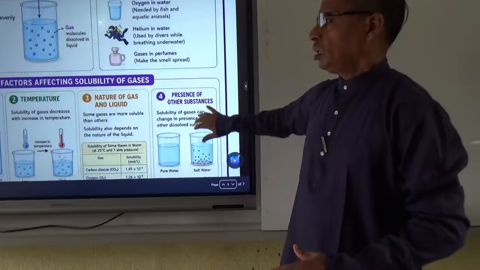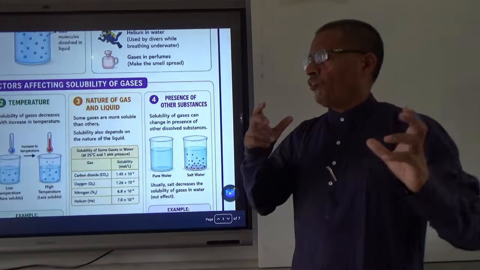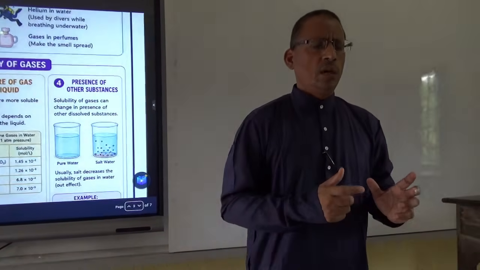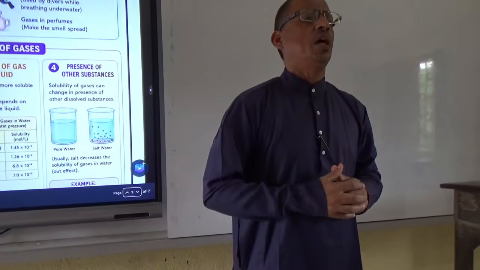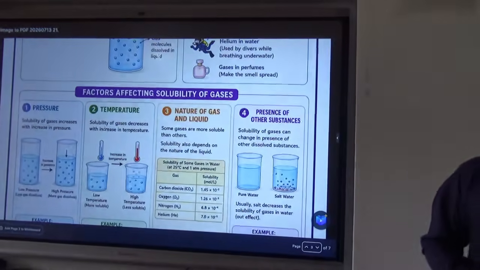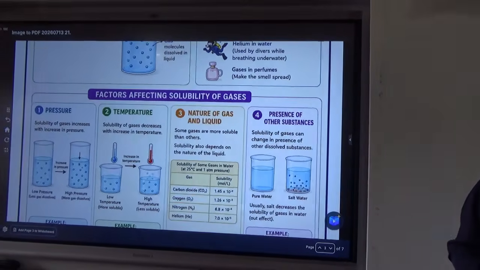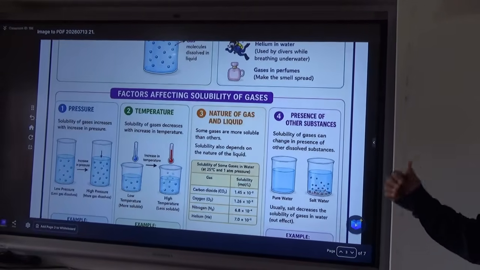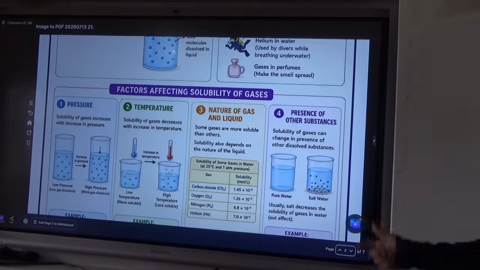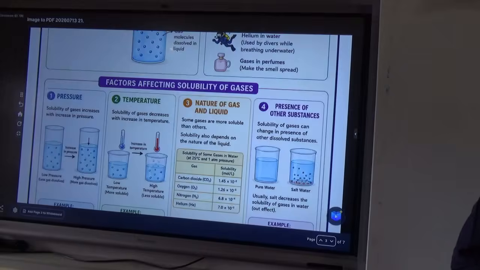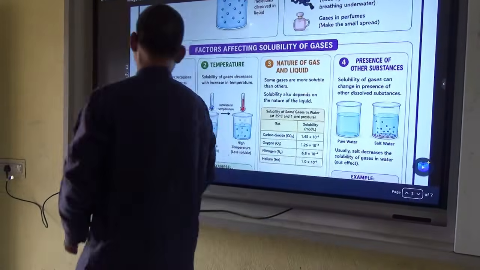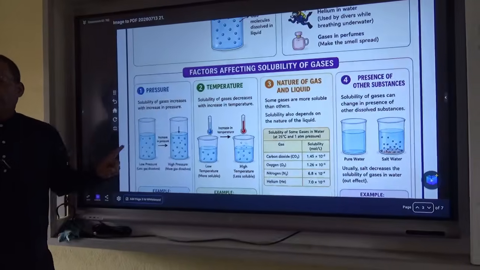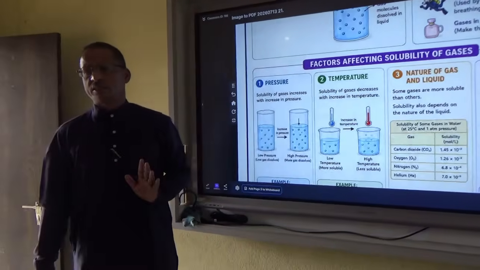And now the next one is the factors. You are learning solubility now, so what factors are involved? The first ones are pressure, temperature, nature of gas and liquid, and presence of other substances. If the temperature is high, the solubility decreases.